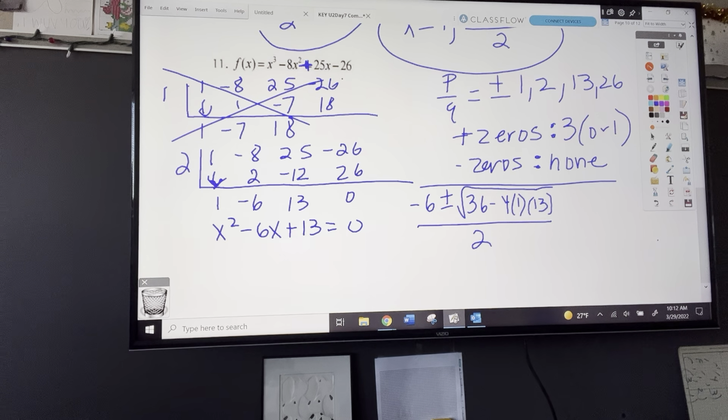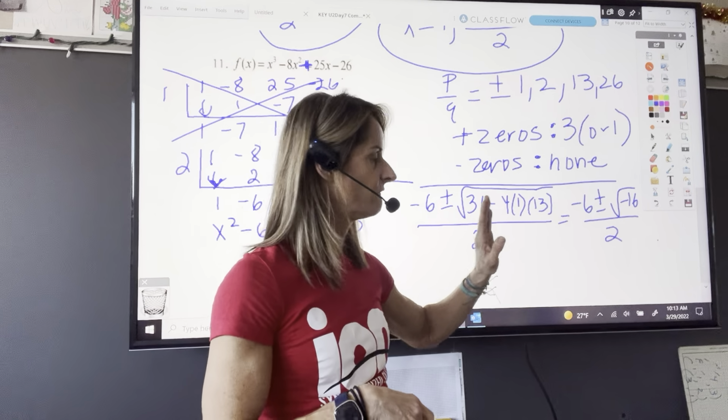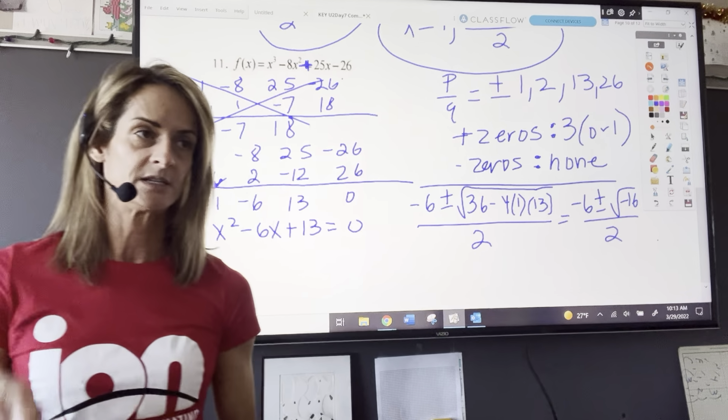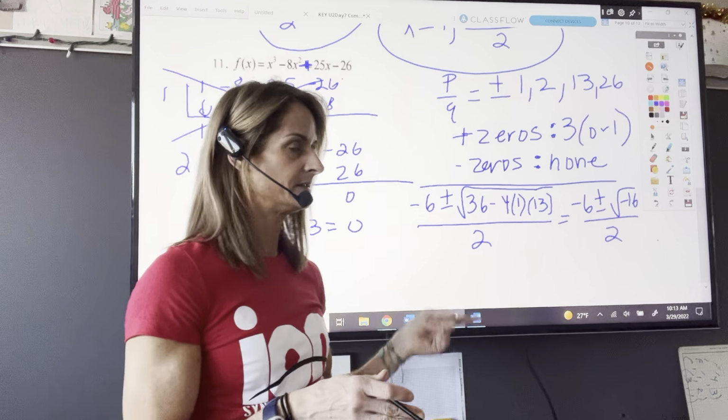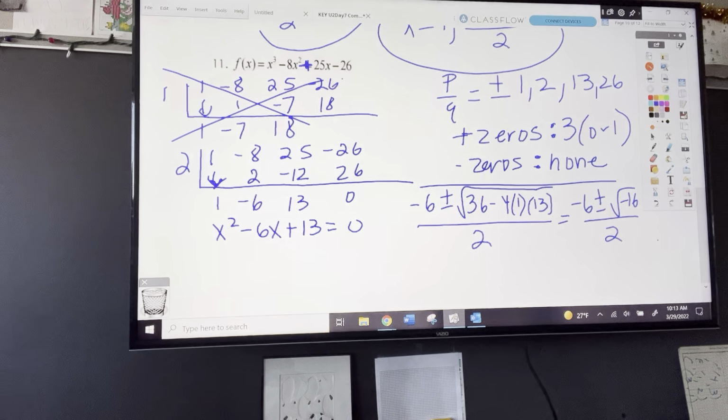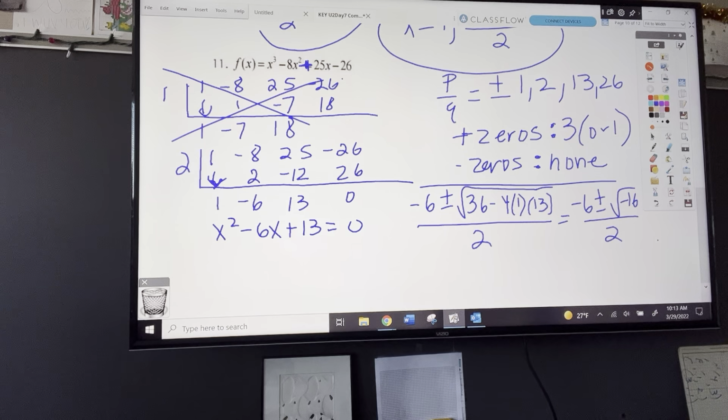That is going to be negative 16 when I add those together. So I've got negative 6 plus or minus the square root of negative 16 over 2. That negative 16 is going to come out of the radical, and it's going to be a 4i. Square root of 16 is 4, and the negative 1 is an i. So I'll rewrite that as negative 6 plus or minus 4i over 2.